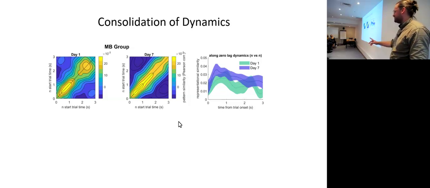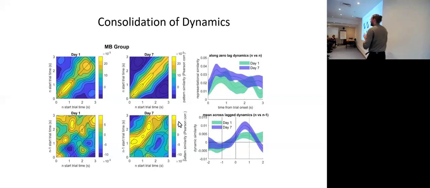And indeed, if I do the n versus the n minus 1 in the model-based group for day 1 and day 7, what is a little patchy on day 1 cleans up into almost a perfect diagonal that's been shifted up by, on average, about 500 or 700 milliseconds by the time you get to day 7. And here you can see the average across those lines for day 7 and day 1.